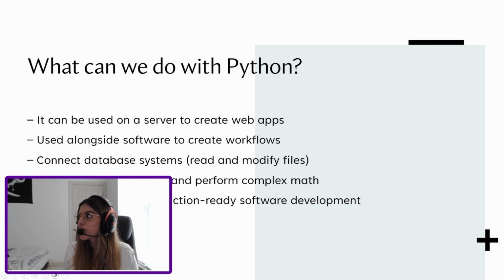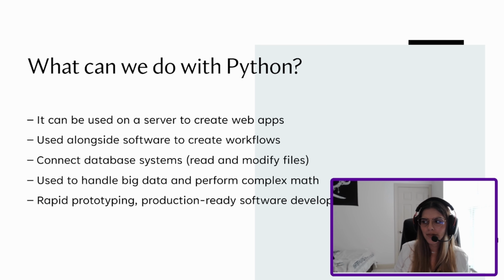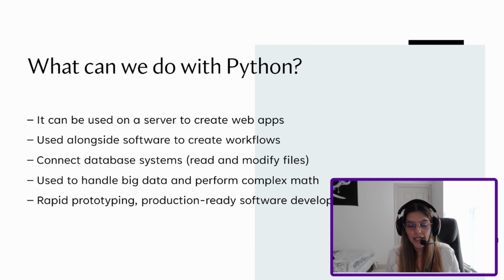So what can we do with Python? Well, it can be used on a server to create web apps. You can also use it to create workflows or pipelines. You can connect database systems.